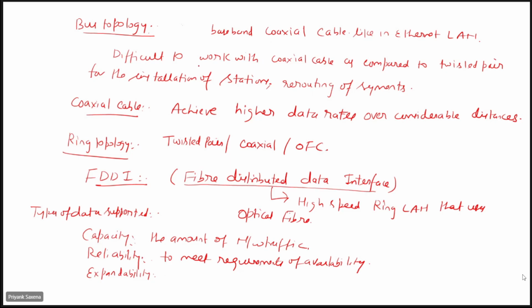but it is difficult to work with coaxial cable as compared to twisted pair, as I told you earlier. There will be an issue during the installation of the stations, because the stations are to be physically interfaced on the cable through a tap, and from the tap there is a drop line that connects the station in a bus topology.